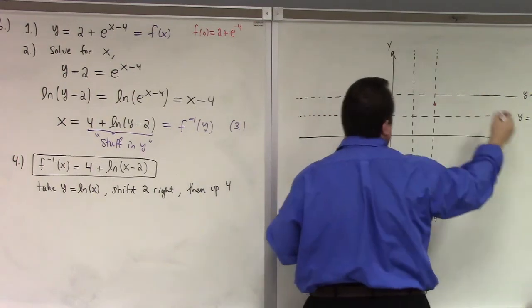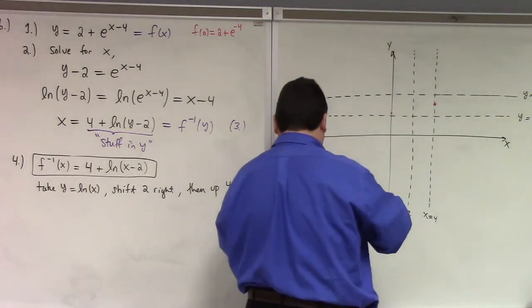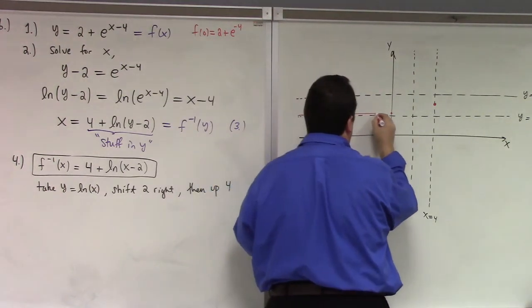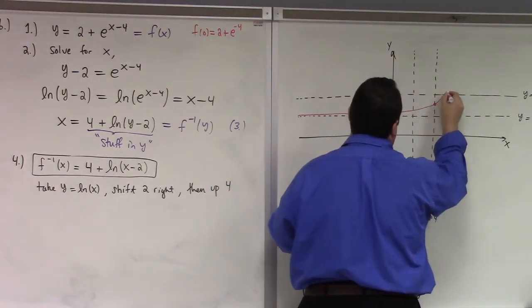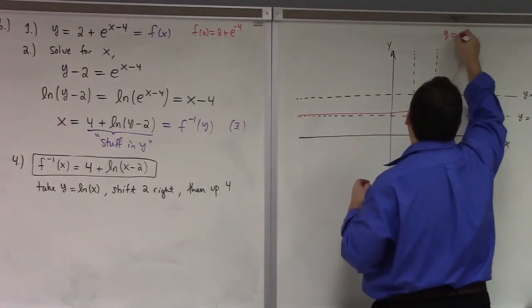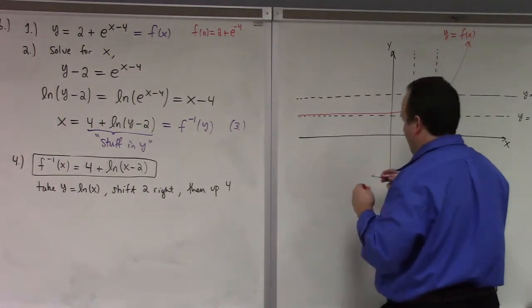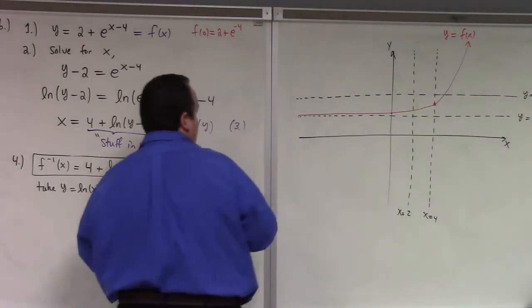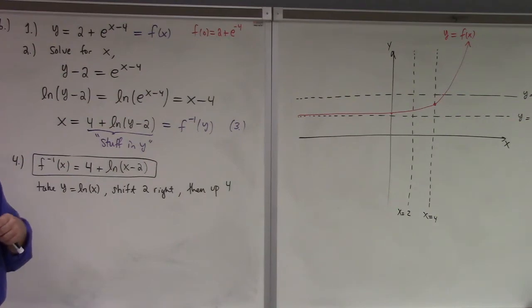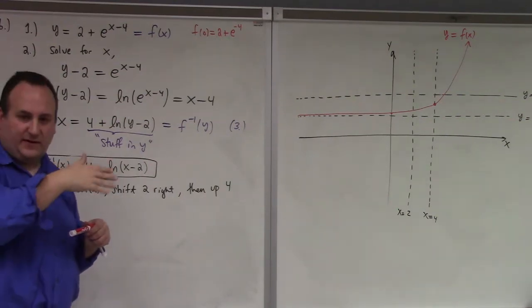So here it is. We have something kind of like that. All right, there's my y equals f of x. I don't mean the horizontal dotted line there to be a horizontal asymptote. I was just doing it for reference.